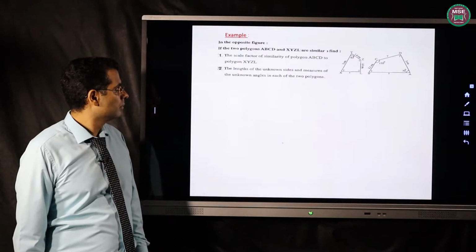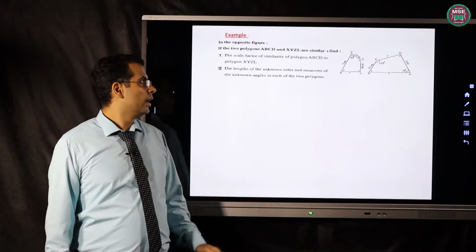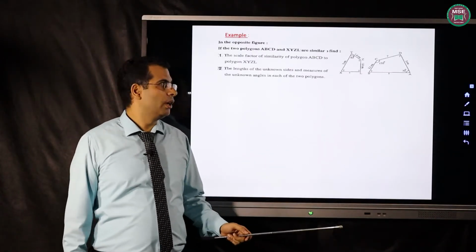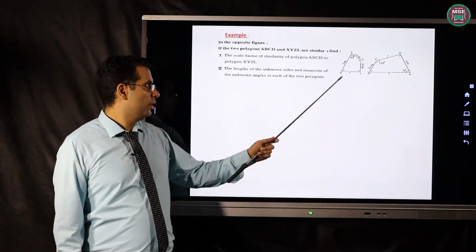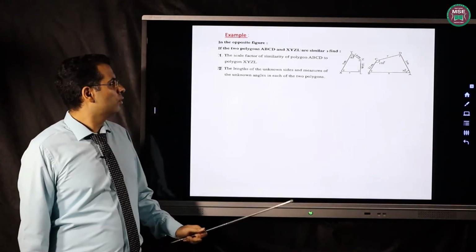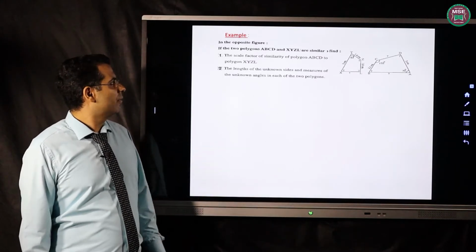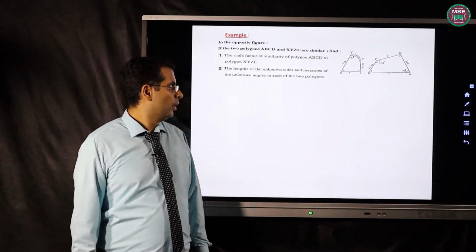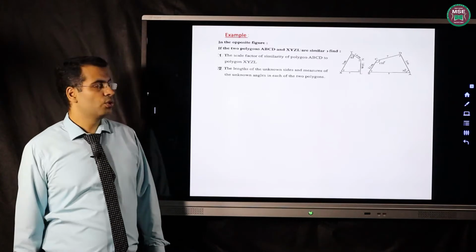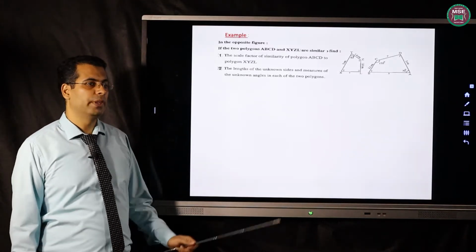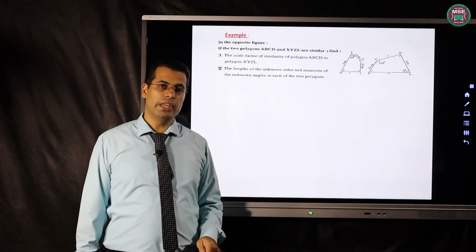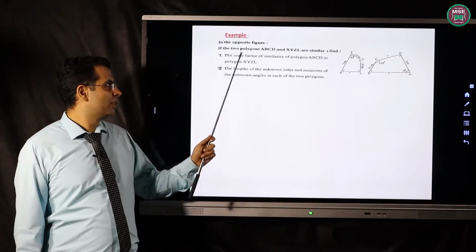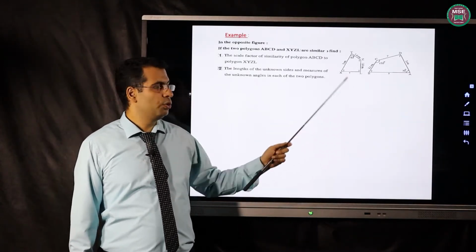Example. In the opposite figure, ABCD is similar to XYZL. We want to find the scale factor of similarity of polygon ABCD to XYZL. Now, the corresponding sides are proportional. We prefer to take the corresponding sides from the letters because one of them is rotated.